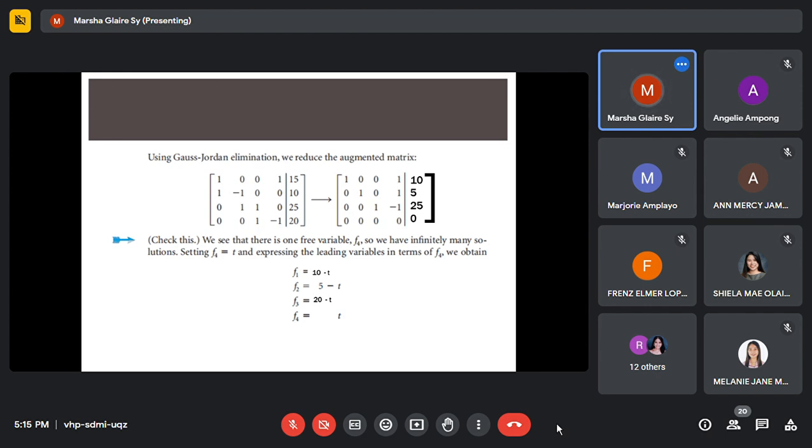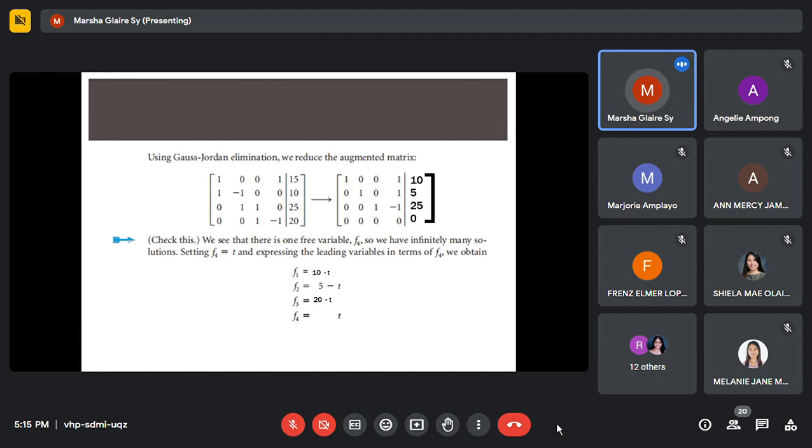Gi-reduce sila in terms of row, kapareha sa gihatag ni ma'am ganina nga examples. Each row should be in this style.